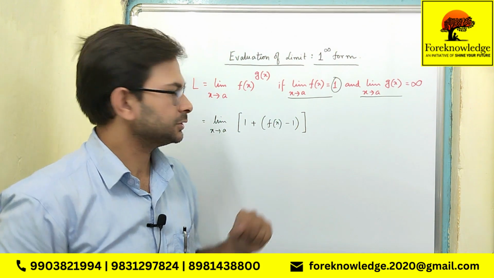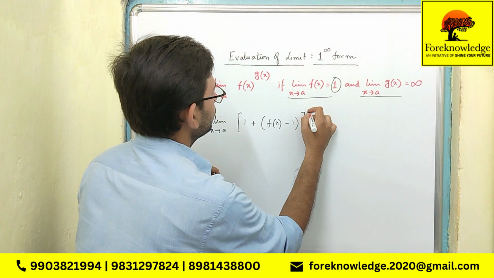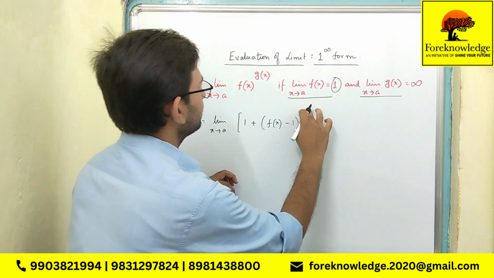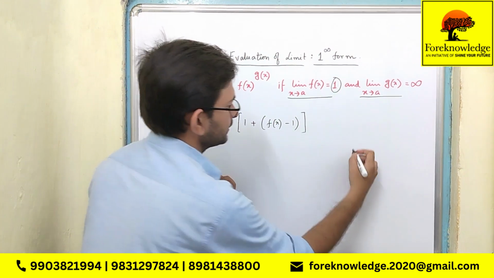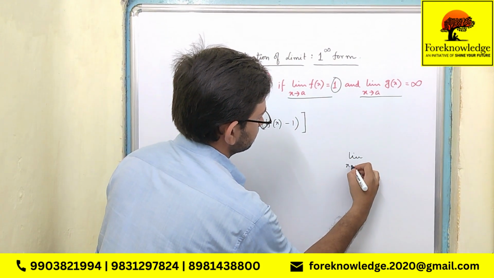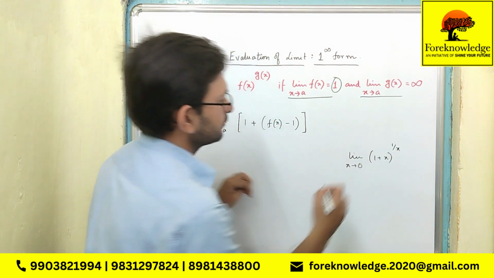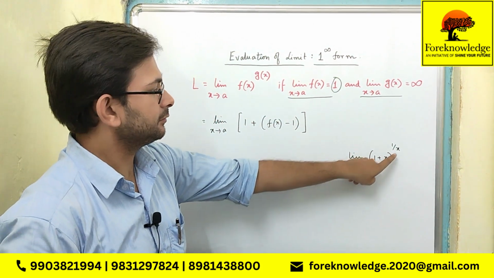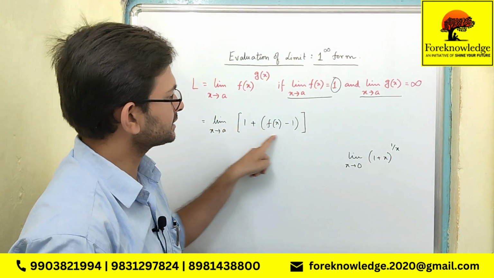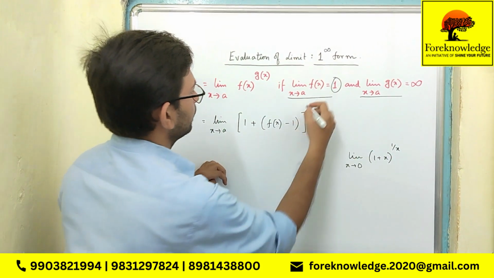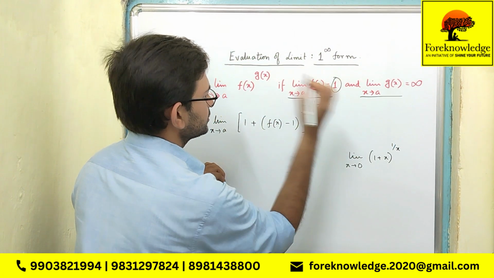So 1 plus (f(x) minus 1), into, now there was 1 by x. Here there should be 1 by (f(x) minus 1).